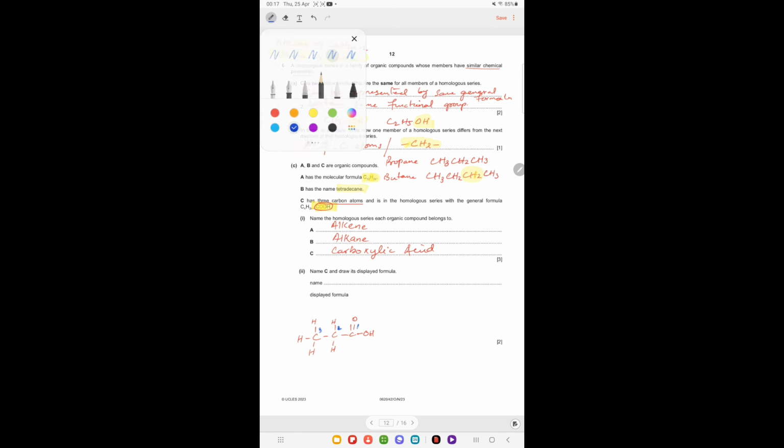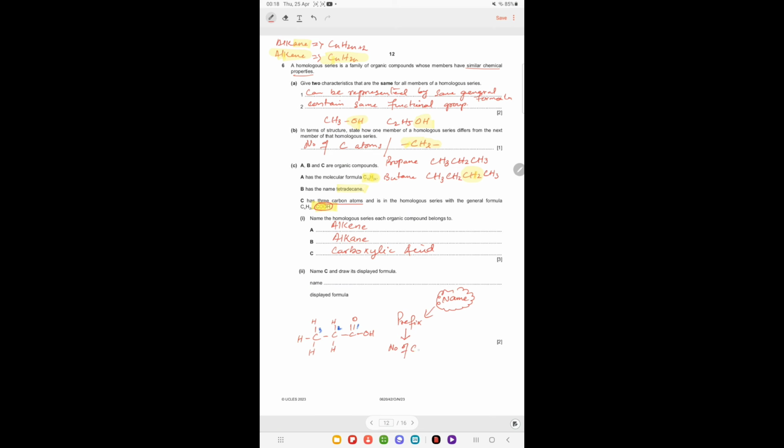Okay, let me tell you about the naming of organic compounds, how we name them. You should remember that the name of any organic compound must contain two parts. The first one is the prefix. The prefix of the organic compound depends upon the number of carbon atoms present in that compound. For example, look at this example.